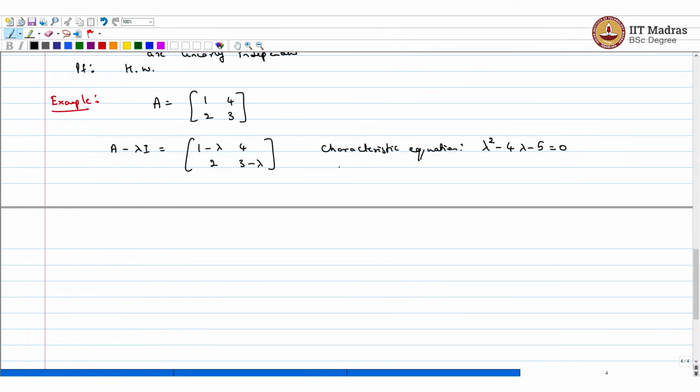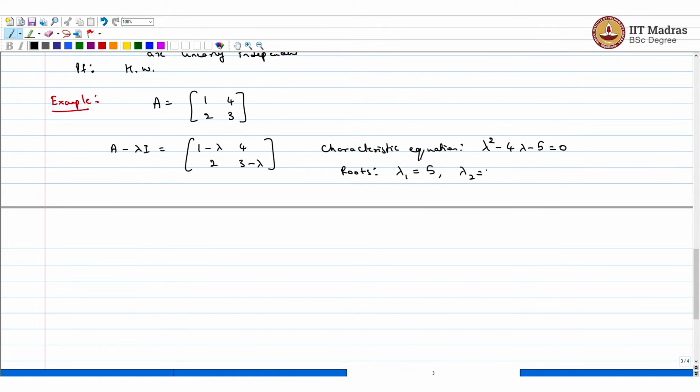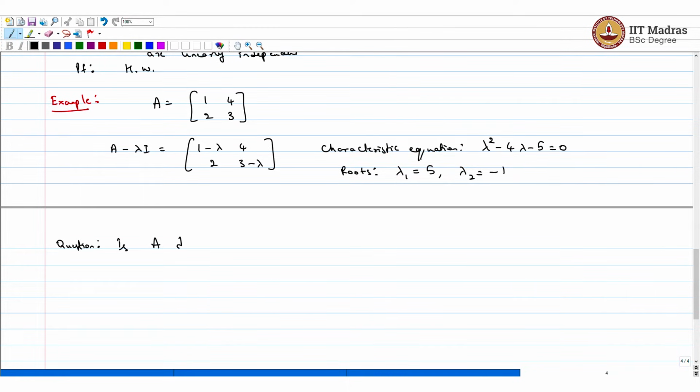The roots of this equation are, let us say, lambda 1 equals 5 and lambda 2 equals minus 1. Now, is A diagonalizable?